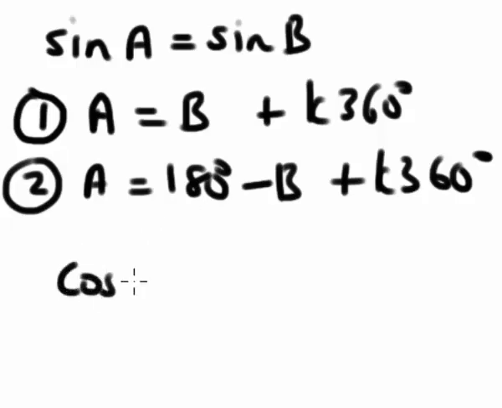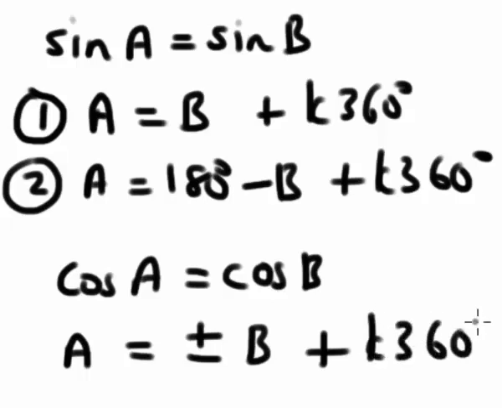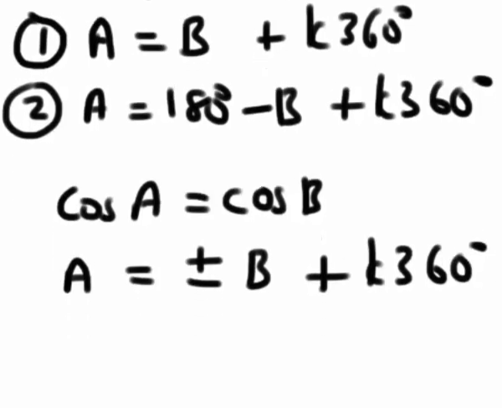When you talk of cos A is equal to cos B, then the same thing happens. There are two options, but this time A is just going to simply be plus minus B plus k360. So you treat it exactly the same, but you don't go and shift cos.